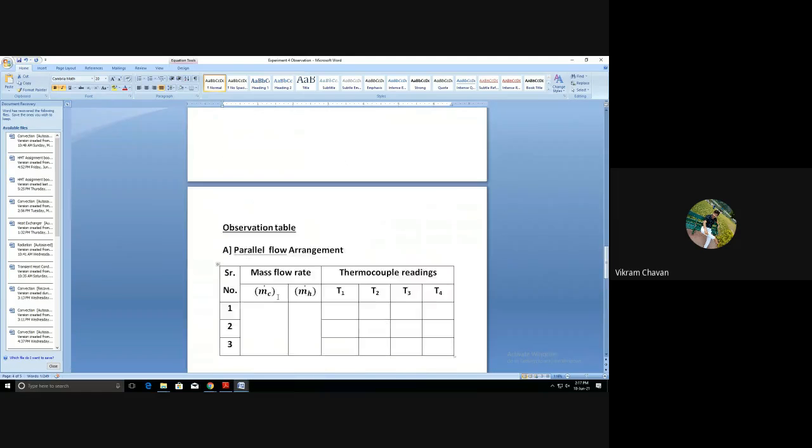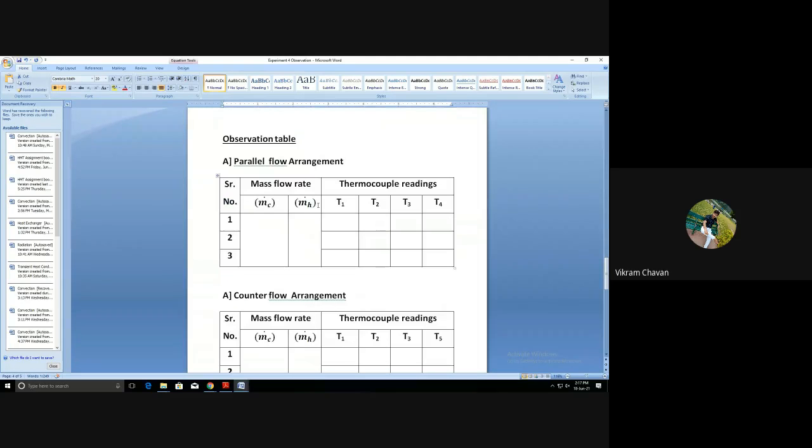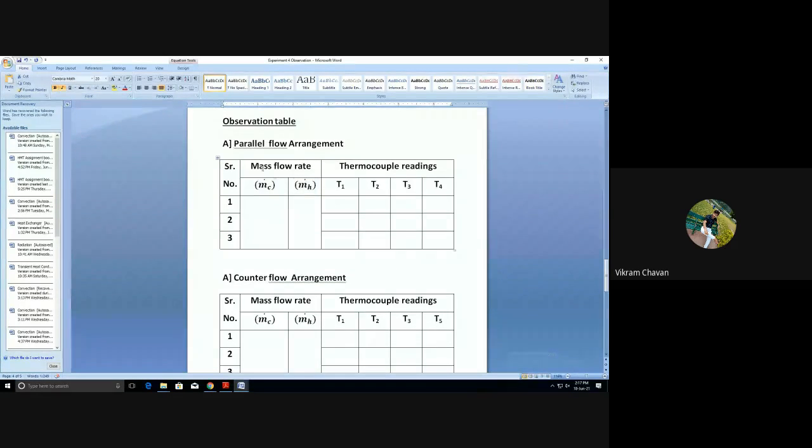So initially we want these particular readings for the calculation purpose, and we'll get these readings only after experimentation. Within a short time I will arrange the experimentation, so be online, and I will stop the presentation from here. Meanwhile you can draw this particular chart, the observation table.